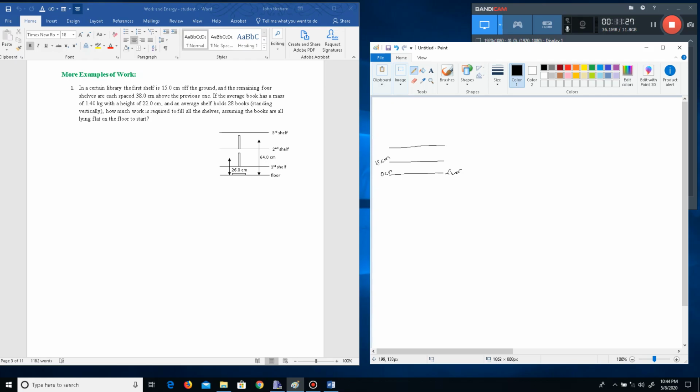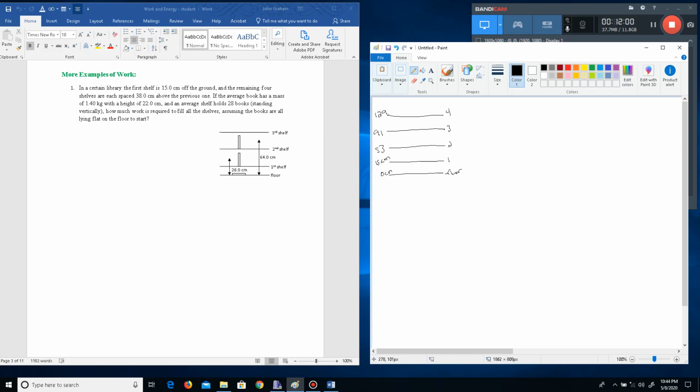So shelf 1, 2, 3, 4. And 38 above that, that would be 53, then plus 38, that would be 91, and 129. And that would be the 4th shelf.